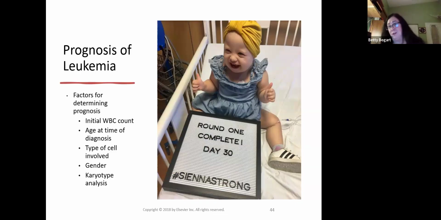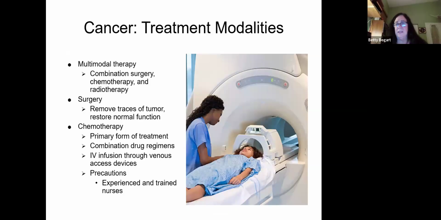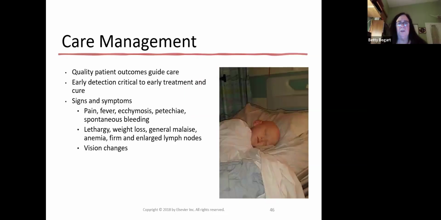Are you abnormal, or are you like the normal everybody, A positive, O positive? When you have a rare blood type, you're not getting the platelets, the blood, what you need as quickly as you can. That's the patient who doesn't do as well. So, for cancers, we do chemotherapy, radiation therapy, and we do surgery. Okay.